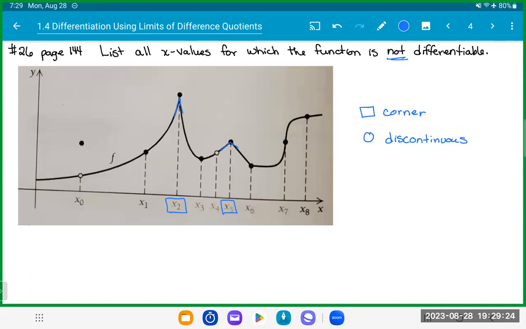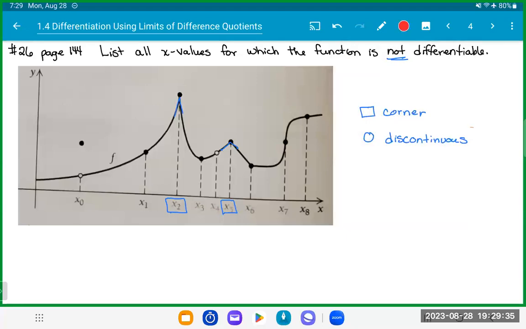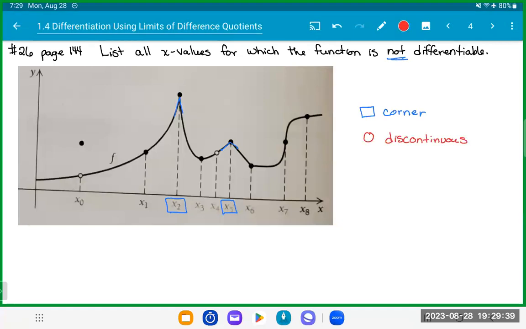And to be discontinuous, it's basically where the graph is not smooth. I'm going to go ahead and make these a different color. First of all, if it's got a hollow dot, that's easy. That tells me there's a jump in the graph. That's hollow. It's not differentiable there. You can see there's a jump in the graph here, right?